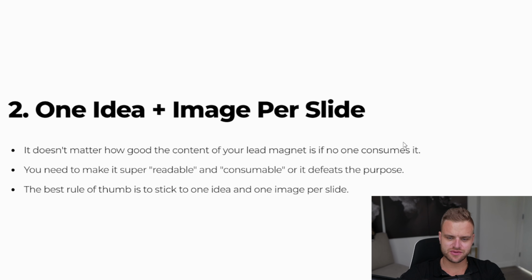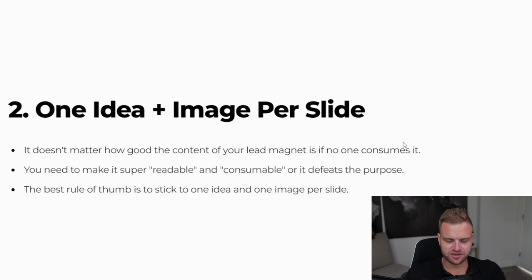The second one is you want to have one idea and one image per slide, because it doesn't matter how good the content or how valuable the information is if no one consumes it. So you want to make it super readable and super consumable, or all of your hard work is basically for nothing. It defeats the entire purpose of the lead magnet, which is to demonstrate your expertise and build you up.